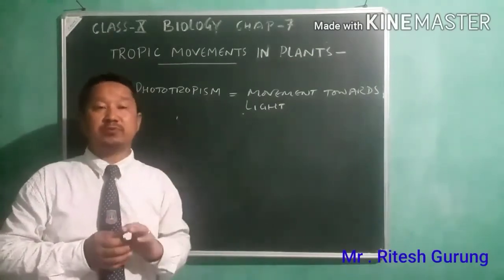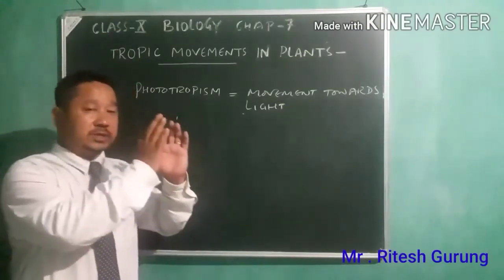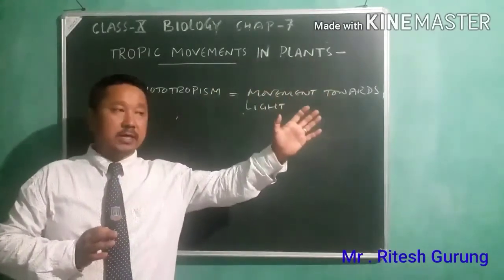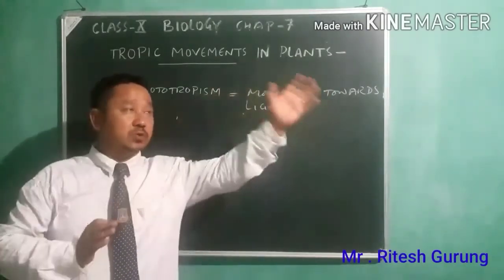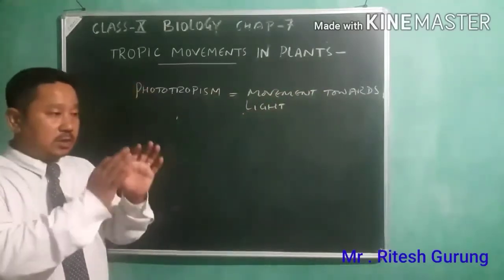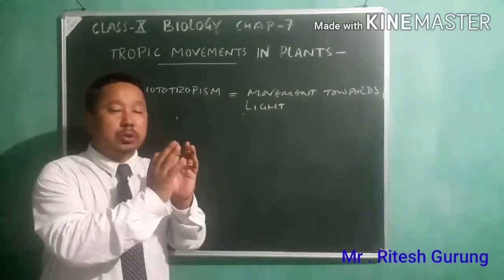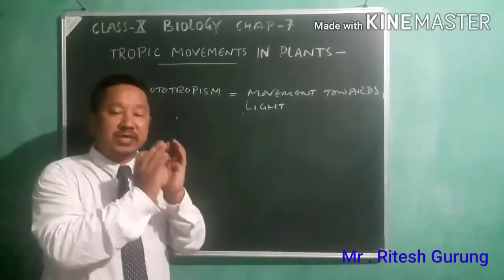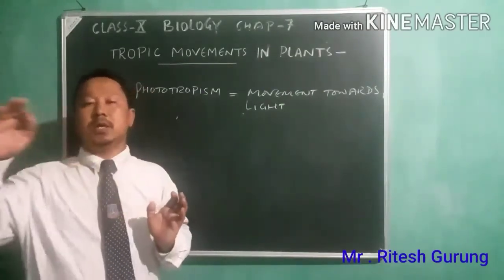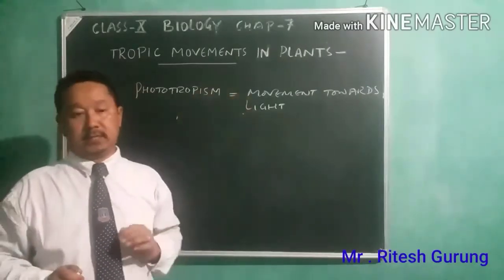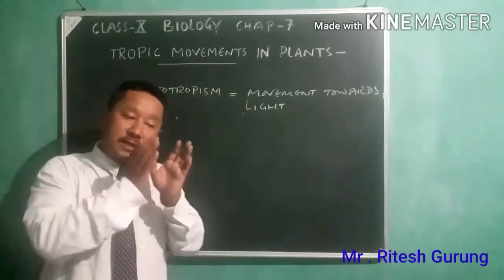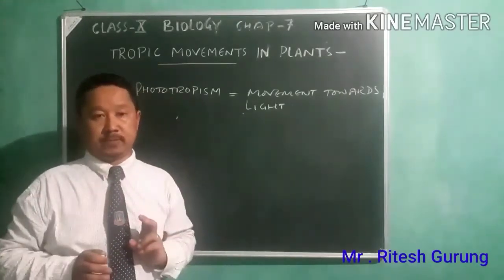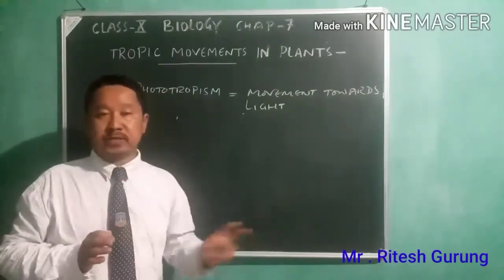So in that case, what we see is that the shoot system is moving towards the source of light, showing its response towards the source of light, whereas the exposed roots we see moving away from the source of light. That means here what we find is that in the same plant, two responses, two different movements we see, okay, by the two different reasons.